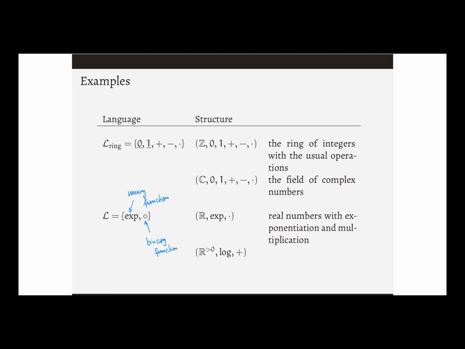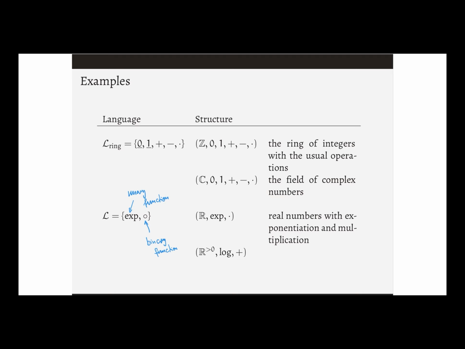Now we need to interpret these. First we have to give our universe, let's say this is R. Then we can interpret this unary function as the exponential function on R, and again the interpretation is as the notation suggests. And we would interpret this other symbol just as multiplication on R, because we need to interpret it as a binary function symbol.